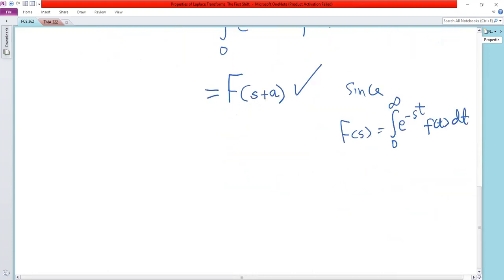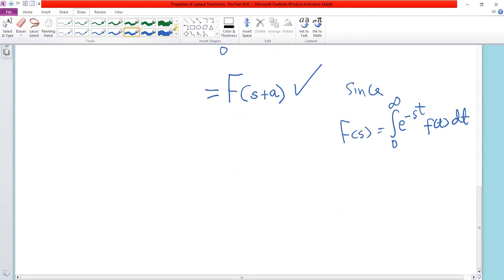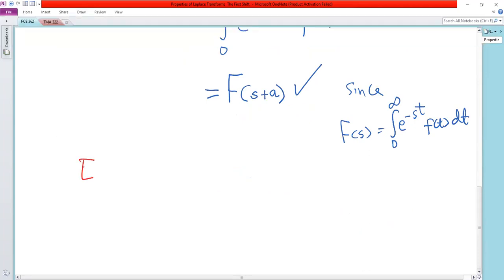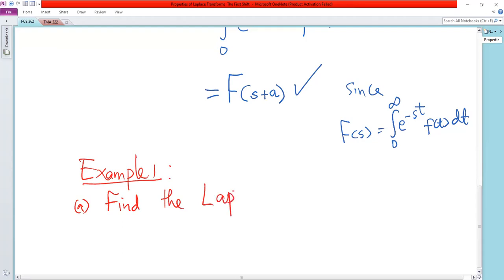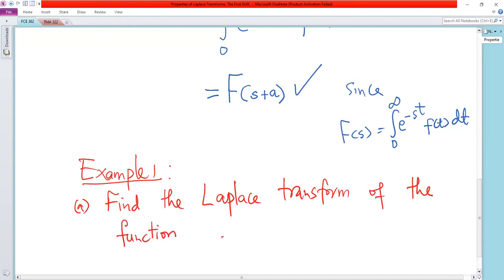Now, an example. Example 1. A, find the Laplace transform of the function f of t given by t sine of 5t.